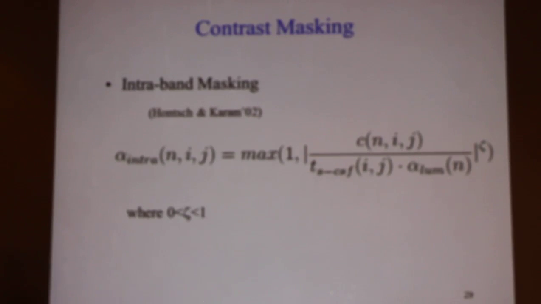Contrast masking has two parts. Intra-band contrast masking is masking by the component's strength itself. That means the higher the strength of the signal is, the bigger the tolerance for change without being noticed. So this is the simple formulation.